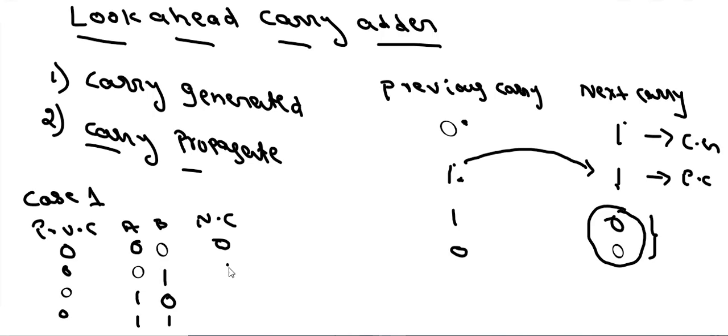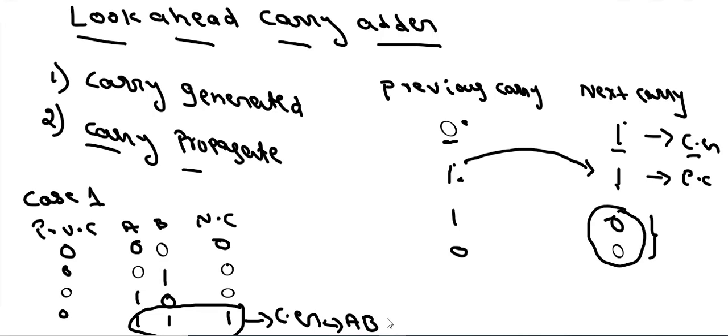For 0 0 1, the carry is again 0. For 0 1 0, again the carry is 0. When taking 0 1 1, it is 1. So when the previous carry is 0 and the next carry becomes 1, we call it carry generated. So the generated carry equation is a b.